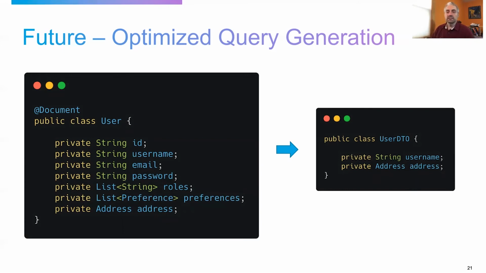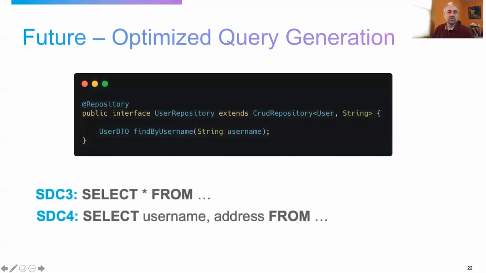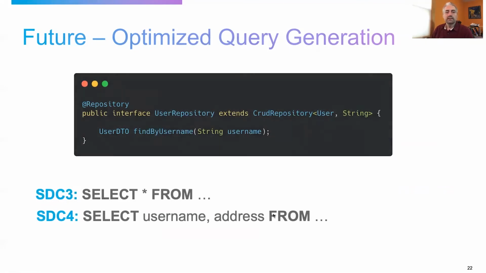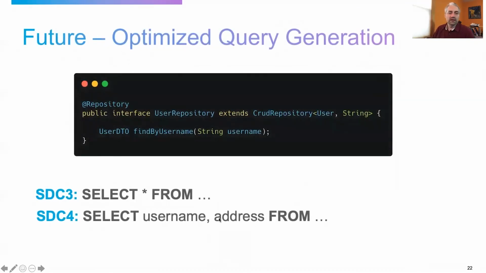Then the select would only select the fields that you want. In this case, because they are both indexed, it's called index covered. Then it only has to look at the indexes. It never has to go out and actually get that data from the document. It's already got it in the index.